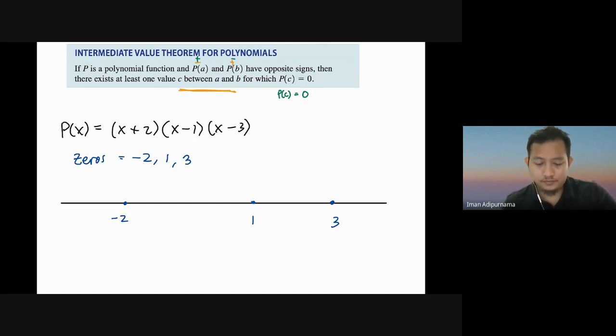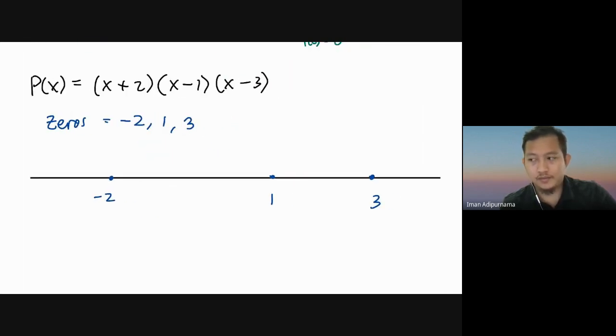Okay. Now, what should we do? We can try some numbers to see how the graph will be. Maybe from here we can check x equal -3. It's -3, -3.